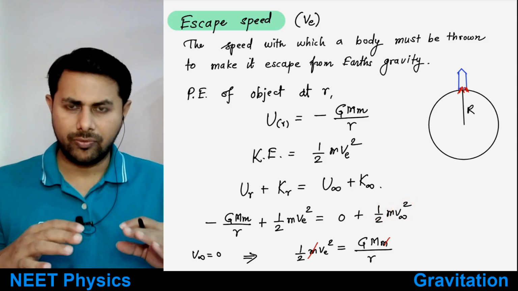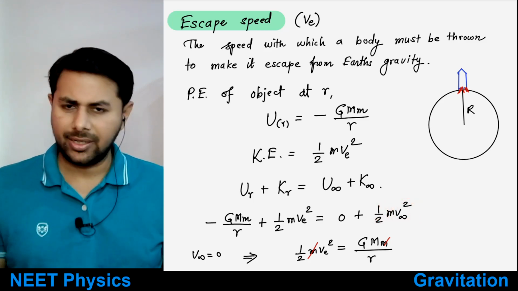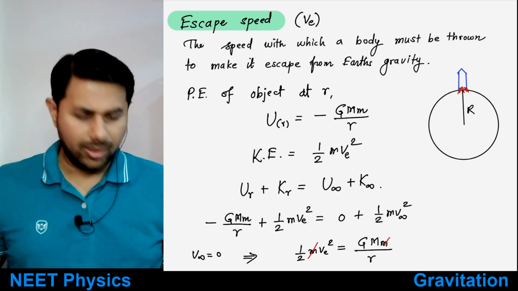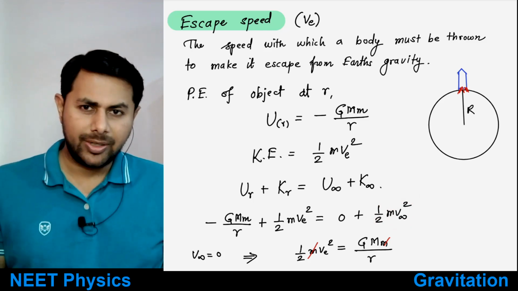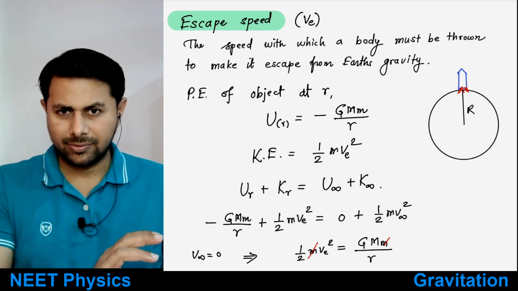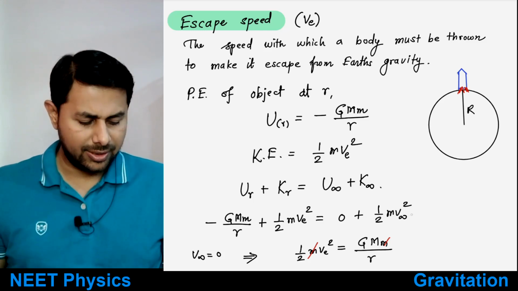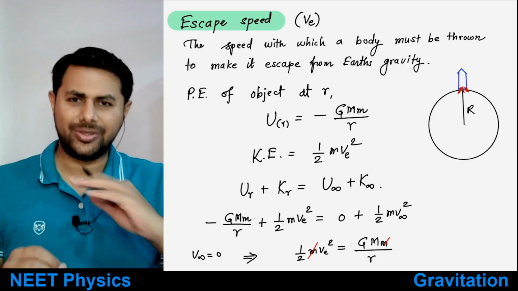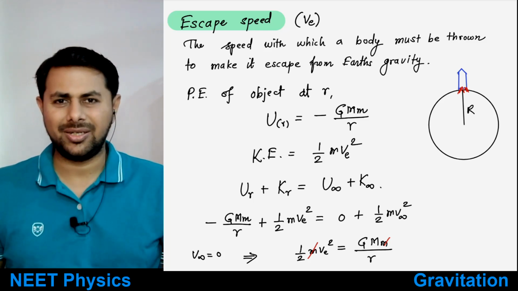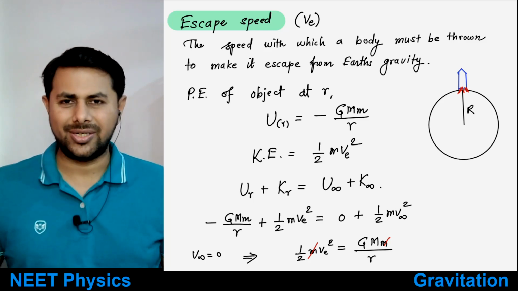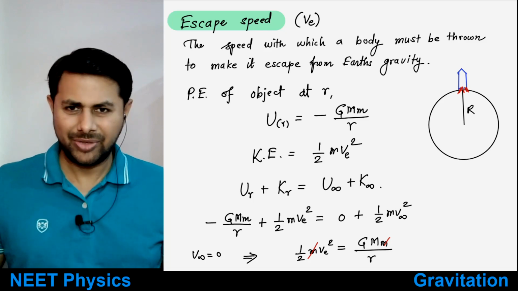Now the speed at infinity can be anything. Even if the speed becomes 0 at infinity, we don't care. At least it should reach infinity. Then at infinity, if it has some speed or it doesn't have any speed, we don't care.